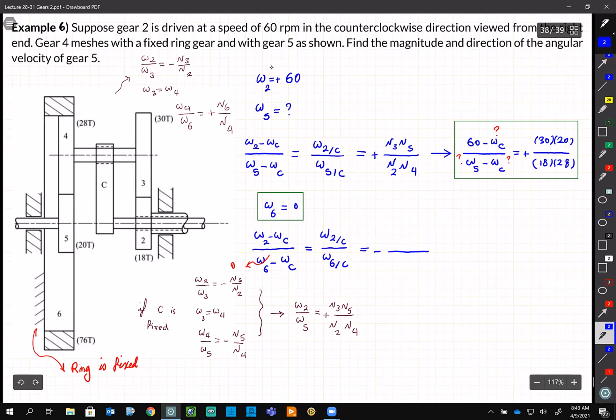minus sign here, and it will be N3, N6, N2, and N4. So, 2 equations, 2 unknowns.